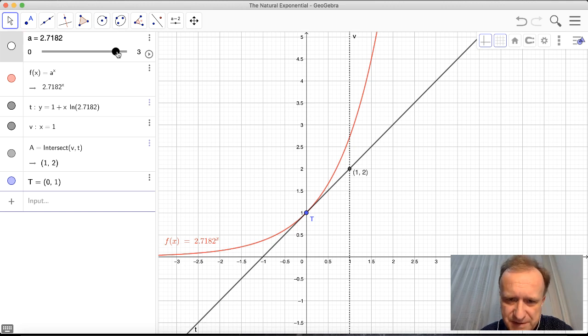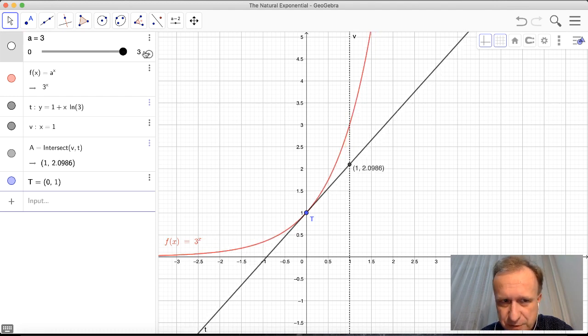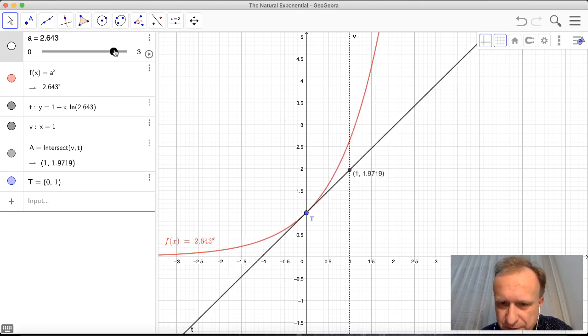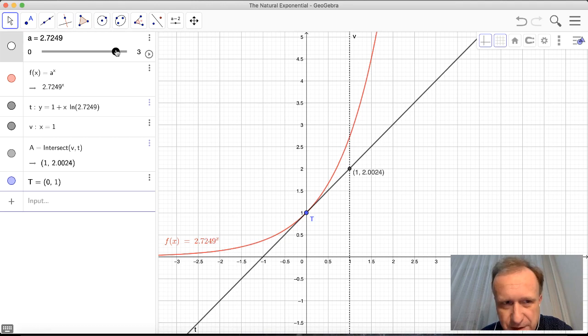If the base is greater than this number, the gradient is going to be more than 1. If the base is less than this number, 2.7 and so on, the gradient of the tangent is less than 1. Okay, so the proper value of this is 2.7. Okay, let me set it better.